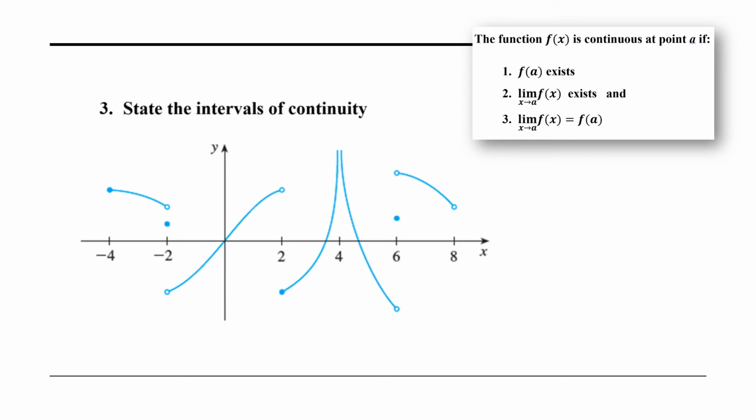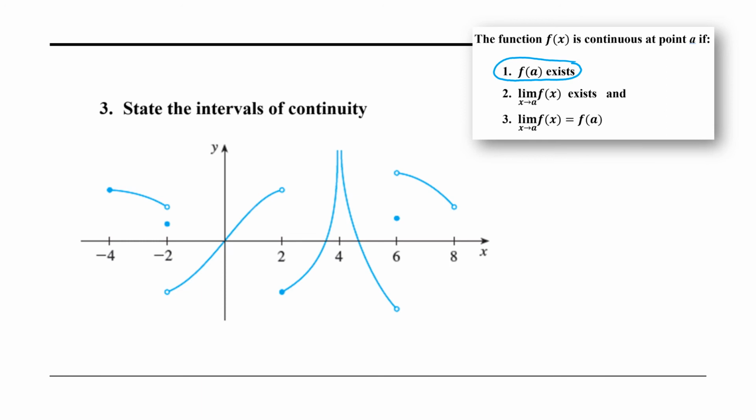Now we want to state intervals of continuity. So intervals of continuity are similar to the intervals of the domain, but we have some extra criteria here. So this first criteria of continuity, that f of a exists, that is the criteria for a being in the domain.